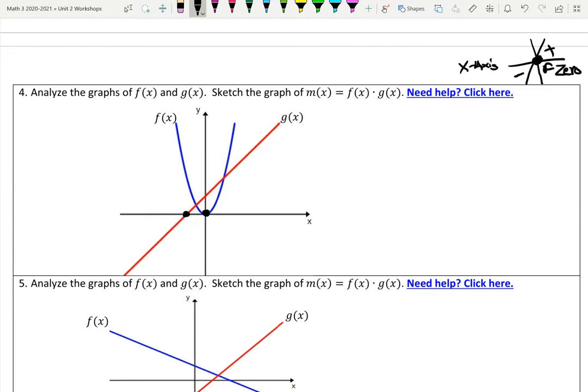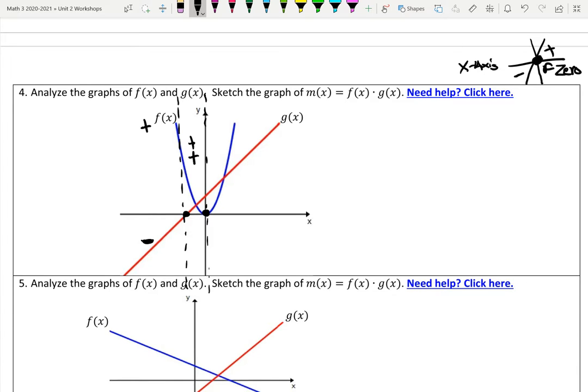Essentially what I'm going to do is, the red line over here before it is a negative. Right? It's below the x-axis. Here, it's a positive. So this region, it's going to be a negative number. If I look at the region between the zeros, notice how they're both positive.